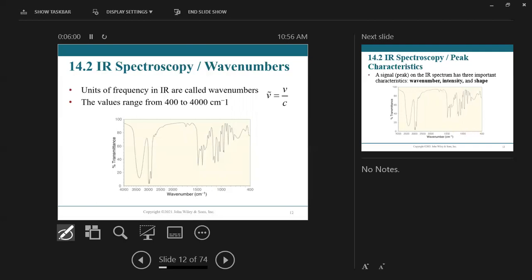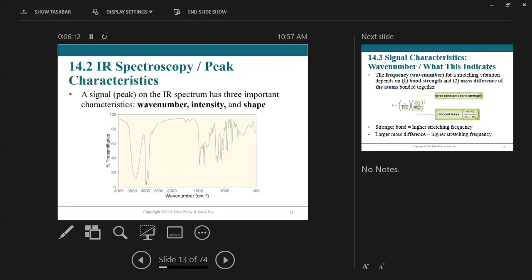There's units of frequency in IR called wave numbers. The values range from 400 to 4,000. So we have from 400 to 4,000. So we have characteristics: wave number, intensity, and shape.